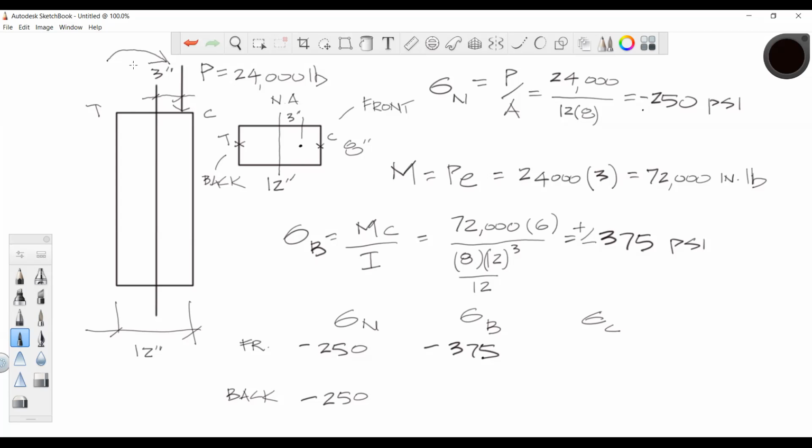But because of this moment that's happening, we got that bending moment going on there. We've got a bending stress developing here. It's tensioning the back fiber of that column, so it's going to develop a tensile stress to counteract it. And it's compressing the front of that column due to this moment. So the stress in the front is going to be developed as a negative bending stress. Okay? Okay, I see now.